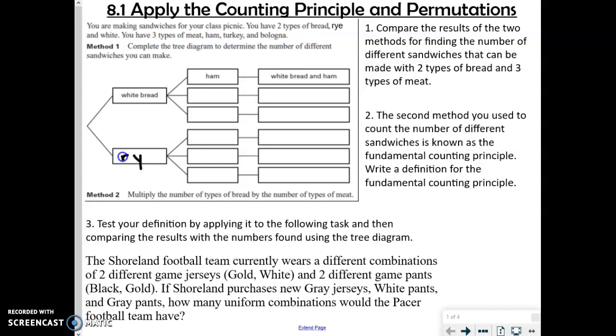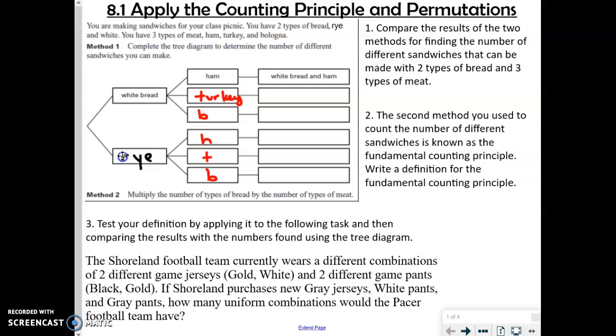So if we take a look at this and we put in our choices, we have white bread and we have rye bread. And then our choices for the meat are ham, turkey, and bologna. With these, I'm just going to put in the letters. What we have here are distinct products based on the choices that we have.